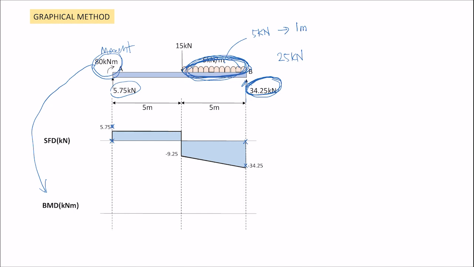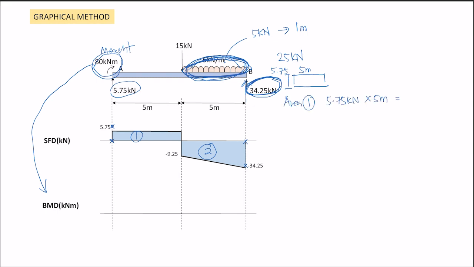Next, we're going to draw the BMD. You need to get the area of the shear force diagram. For the first area, you have a rectangle, 5 meter, and this is 5.75. That gives 28.75 kilonewton meter. For area 2, this is a trapezium. Okay, you can put negative, no problem. If you do not put it, it is also fine.